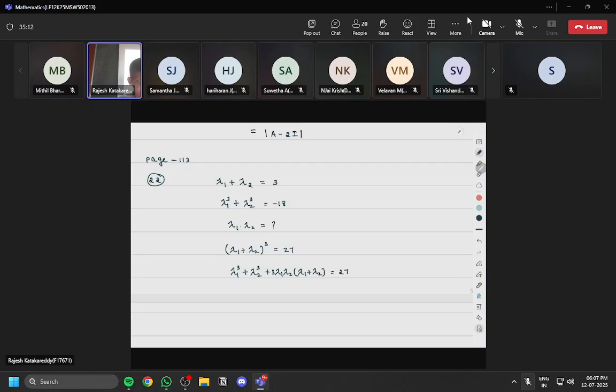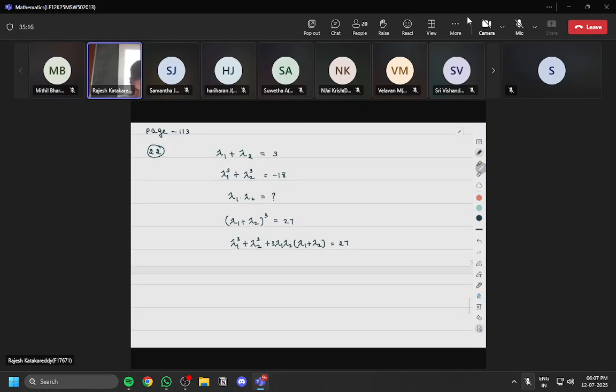Any mistake I did? Now let us plug in all those values. We get -18 plus 3 times lambda 1 into lambda 2, and then again into 3, equals 27. So 9 times lambda 1 into lambda 2 equals 27 plus 18, which is 45.